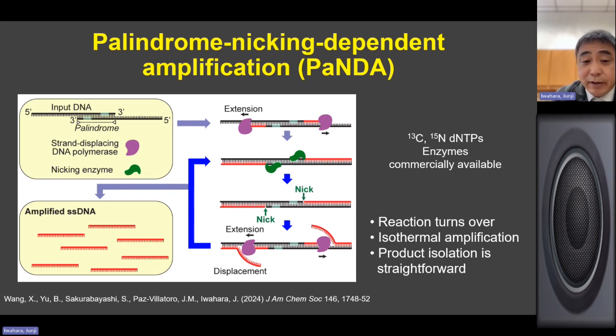The reaction turns over, so you get a lot of copies from the same template. And this is an isothermal amplification. You can use just a single temperature, 55 degrees actually, and isolation of the product is straightforward because the majority of the product is already in a free state.